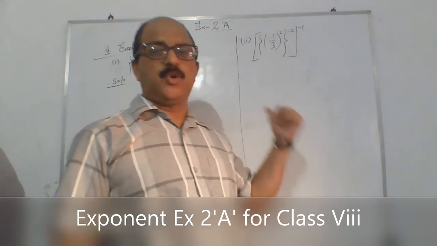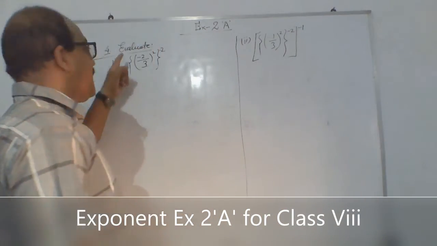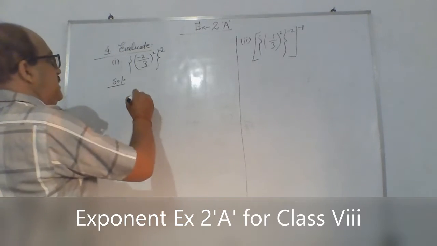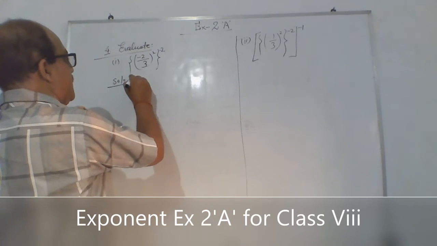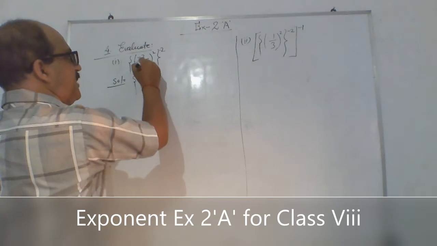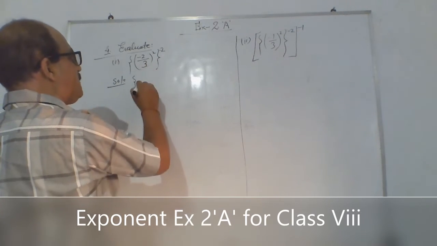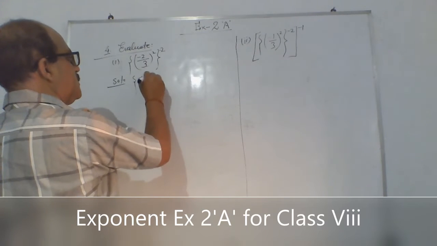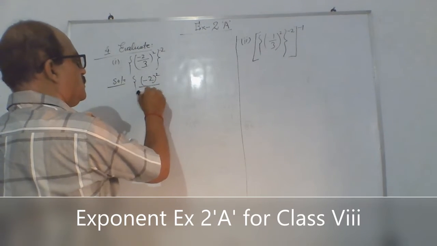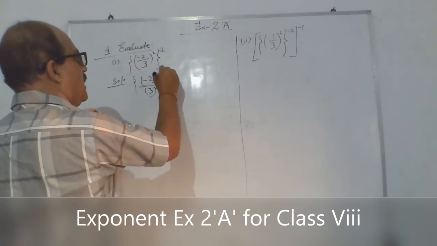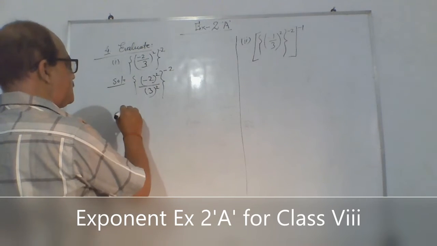Now see question number 4, evaluate. Here we have to simplify this one. So (-2)^2 and 3^2, and minus 2 is given.